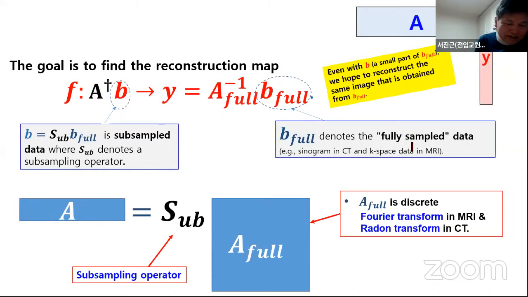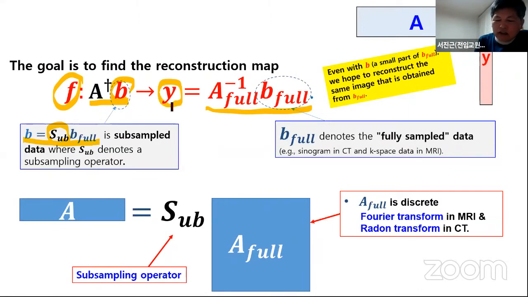So I say again, the goal is to find the reconstruction map. This F is the reconstruction map, a pseudo inverse of the B to Y. Y is the high resolution image, B is the subsampling. Let us denote the subsampling operator, where S sub denotes the subsampling operator that subsamples the data.